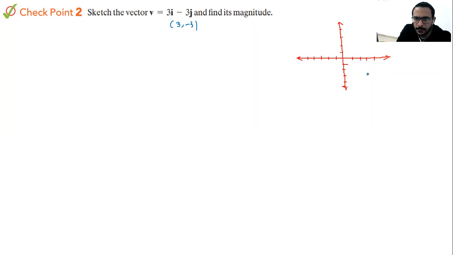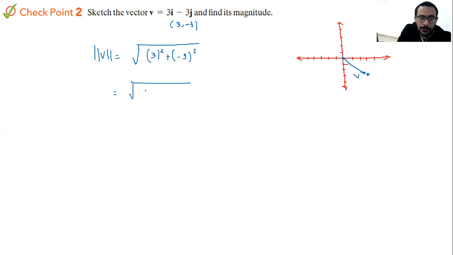Then from (0, 0) you draw a line with an arrow, a directed line, and name it v. To find its magnitude, it's simple: the square root of 3 squared plus negative 3 squared, equals the square root of 9 plus 9, which equals root 18. Any questions, guys?